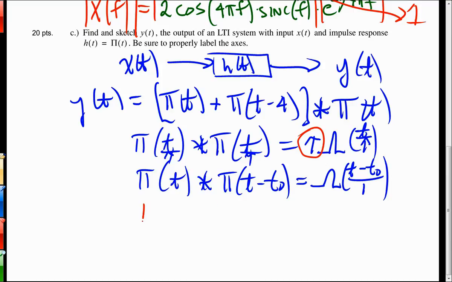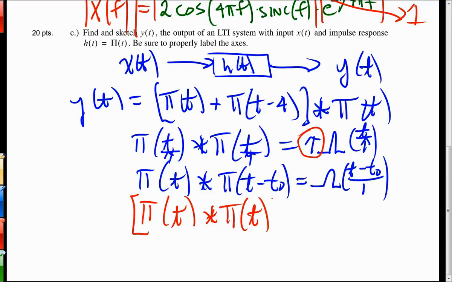So I could actually get there by saying it's pi of t, because of the associativity property of convolution, that should also hold, right? I can distribute and associate things with convolution. So I could go back to it.